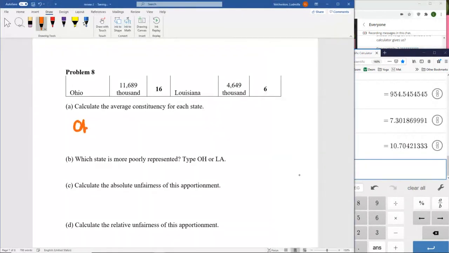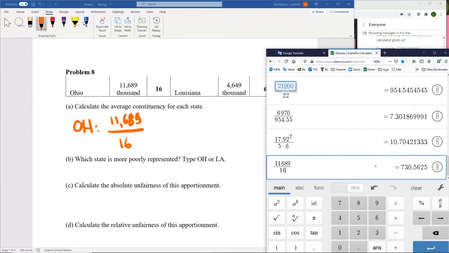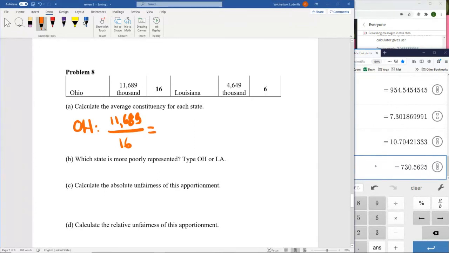The average constituency of Ohio: 11,689 divided by 16. So how many people are represented by one representative? I think we will round to the second decimal, so 730.56.